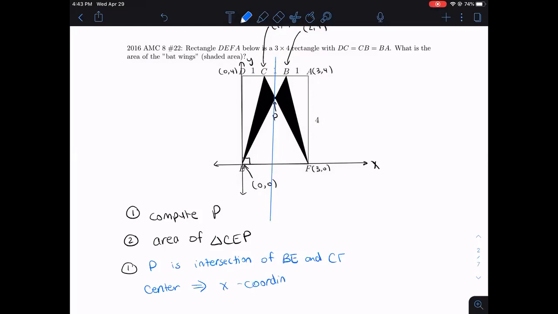So this is like exploiting symmetry. And this may feel like a fake solve, but it's not at all. So let me draw this line again, just to make it clear. Okay, so this point is 1.5, 0. And this basically cuts this in half.